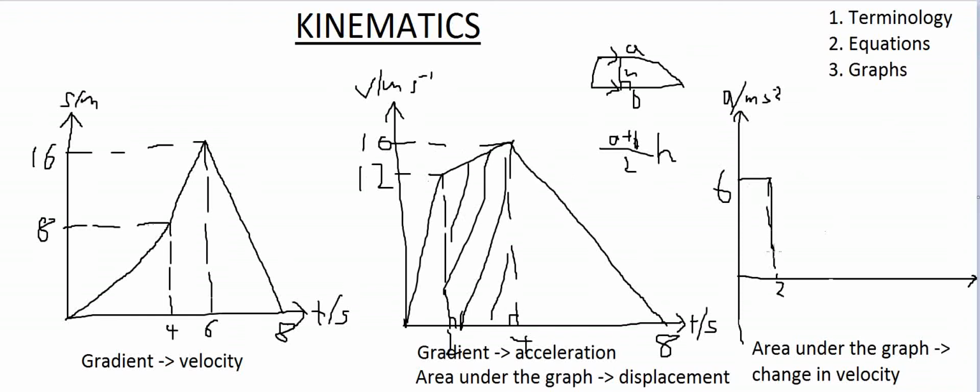So the graph will look something like this. At 4 seconds, in the last 4 seconds, the gradient is decreasing to 0. So the velocity changes by negative 16 meters per second over 4 seconds, and you find the gradient is negative 4.